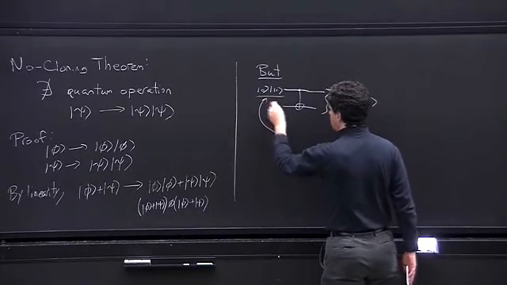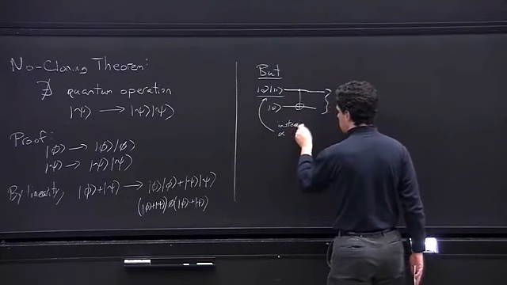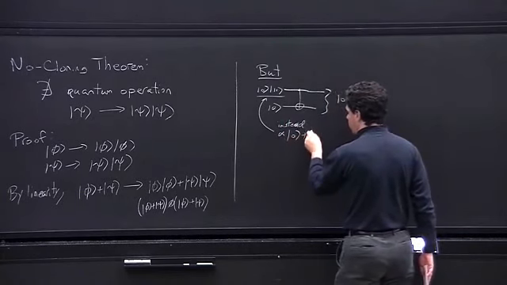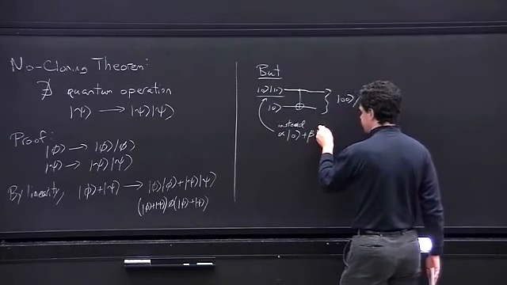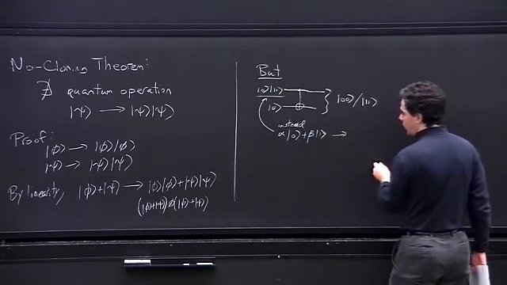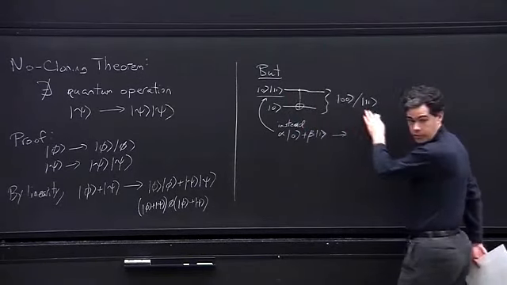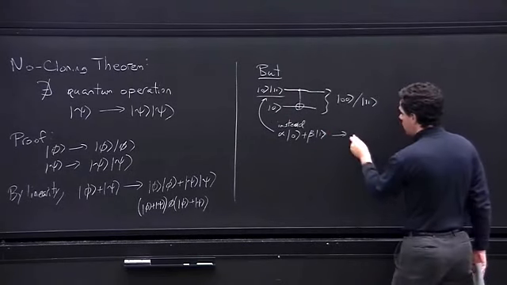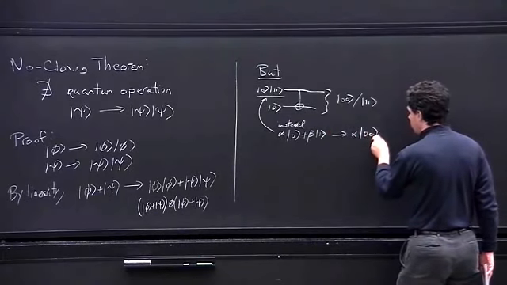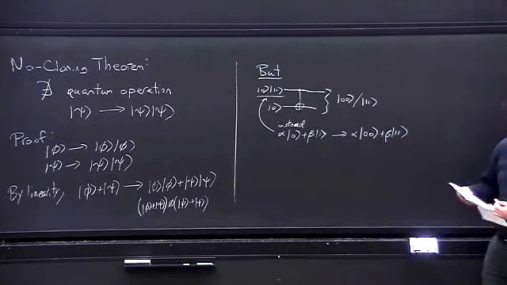So if we put in, instead, alpha 0 plus beta 1, what do we get on the output? Well, the 0 term becomes 0, 0. The 1 term becomes 1, 1. So we get alpha 0, 0 plus beta 1, 1, which is an entangled state.